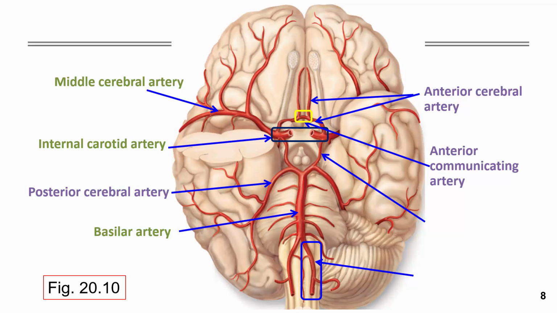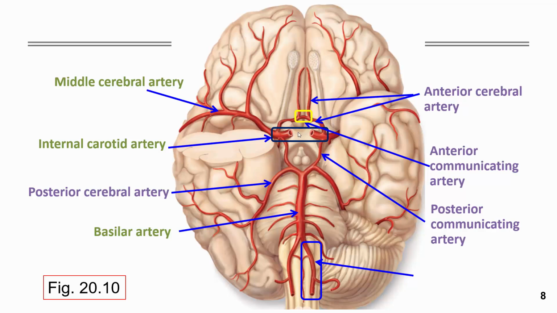And the anterior communicating artery is really pointing to this very small vessel that connects the two anterior cerebral arteries on the right and left side. It's branching off of the internal carotid artery.